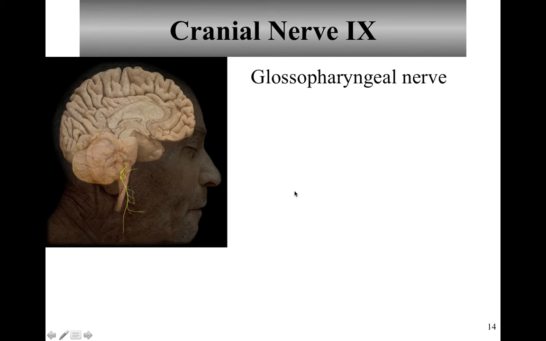Cranial nerve 9, glossopharyngeal nerve. It's a mixed nerve, and it has sensory from your pharynx. Remember, pharynx has that weird spelling.